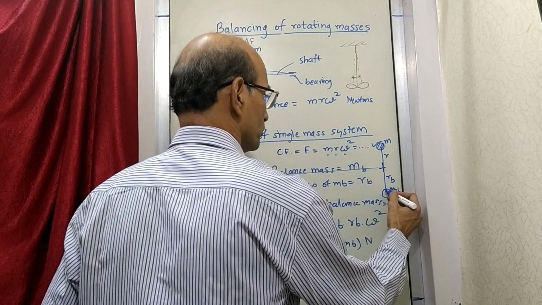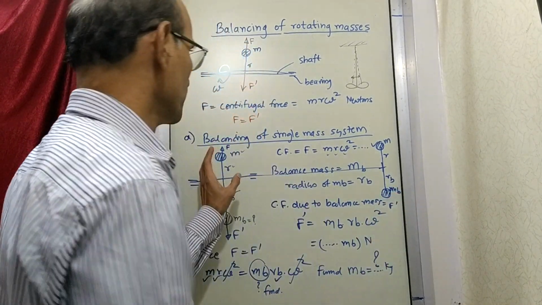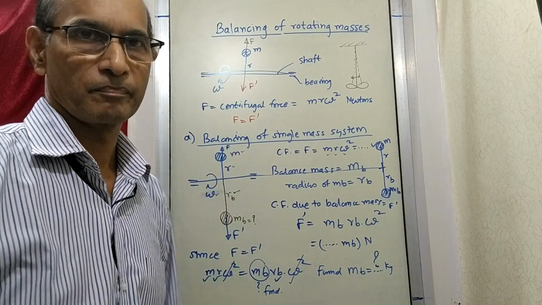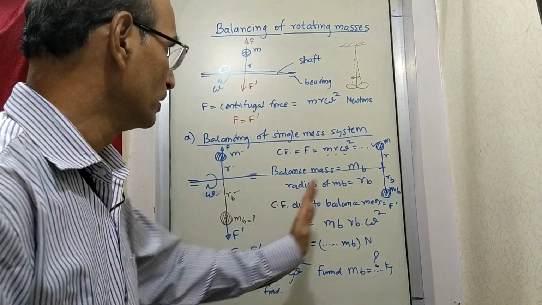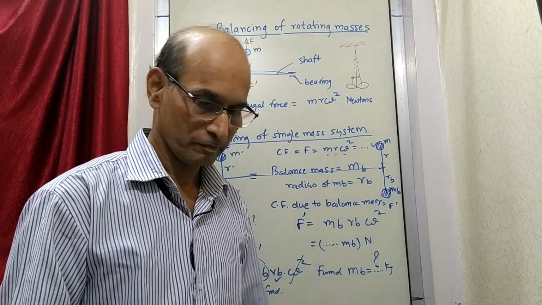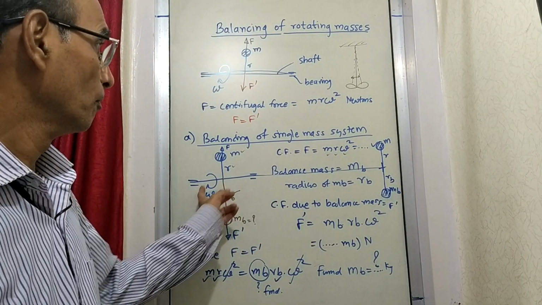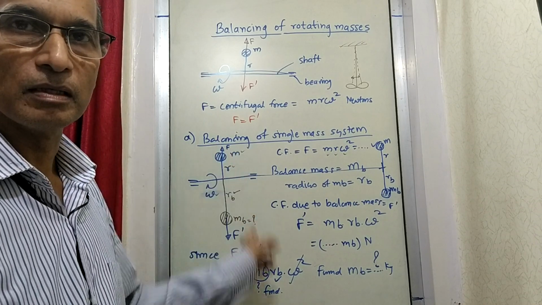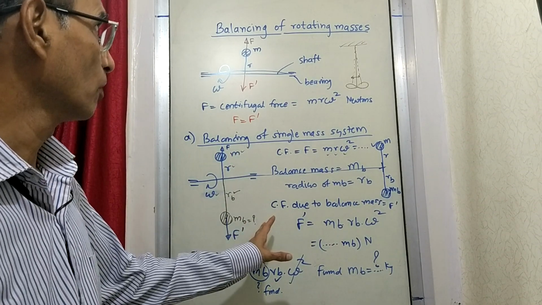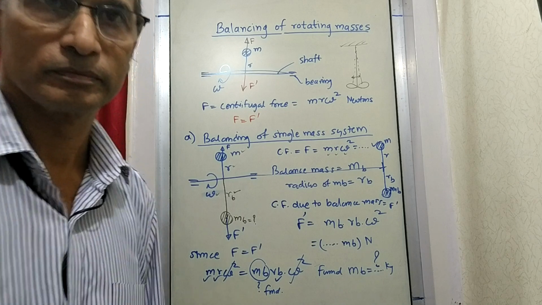So this is the side view of this figure, showing that it is in the same plane. Here also it shows it is in the same line. So that is how we are balancing a single mass system by putting a balance mass in the same plane. So jot this down, then we will take up the next part.